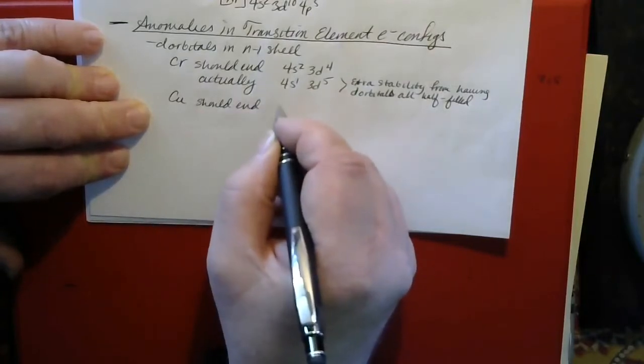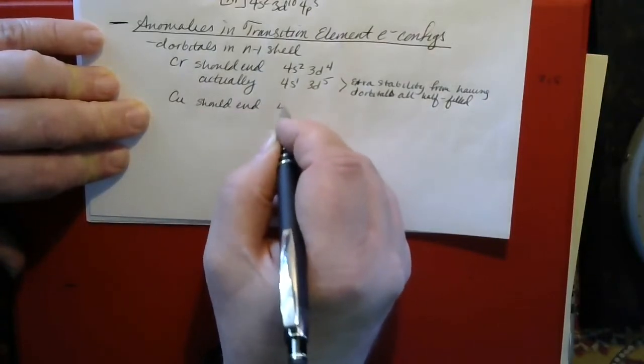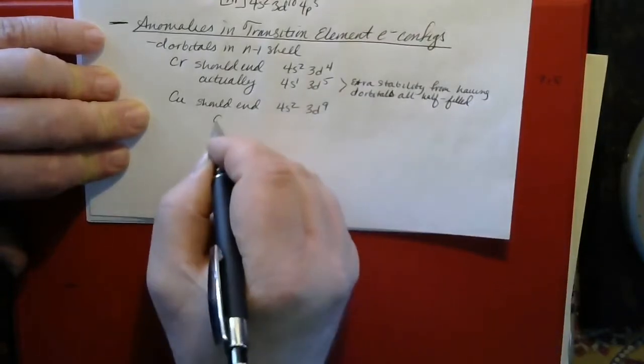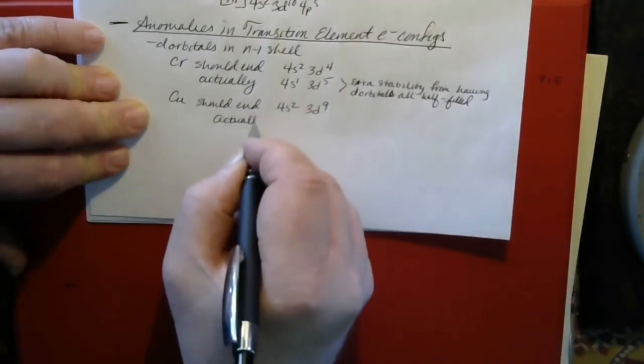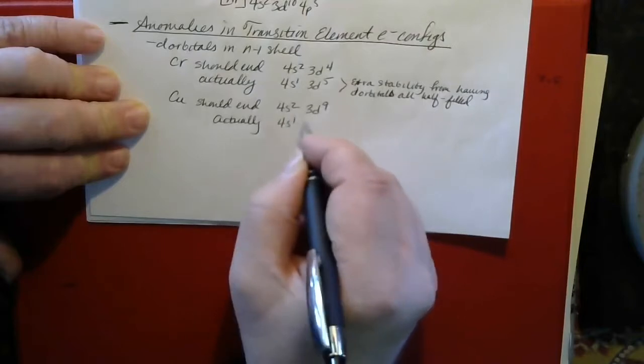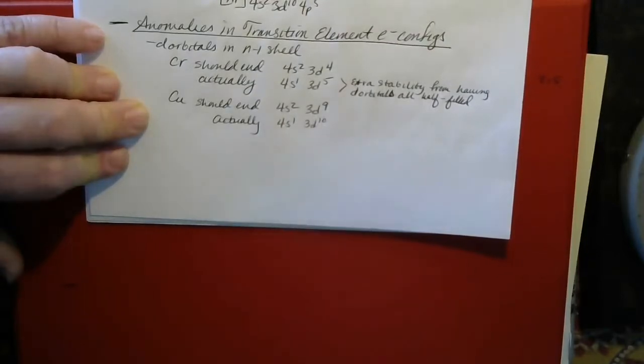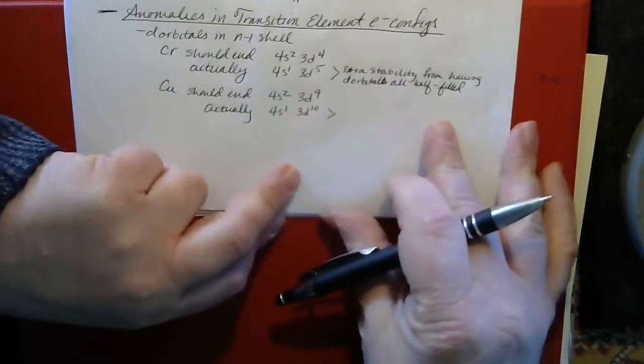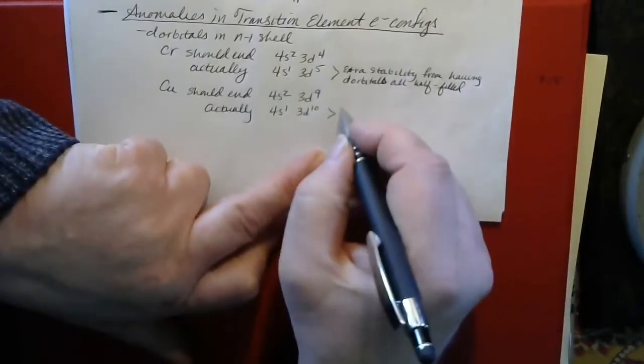If you look at where copper is, copper should end with 4s2, 3d9. Actually, it's 4s1, 3d10. And that's because there's also some extra stability from having the d orbitals completely filled.